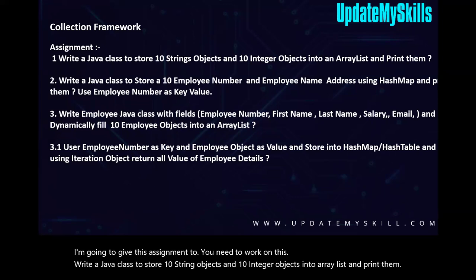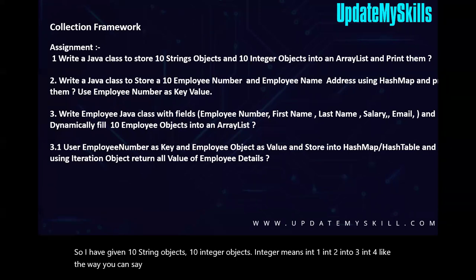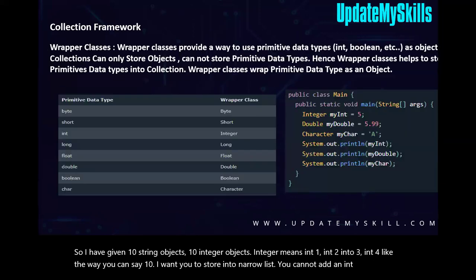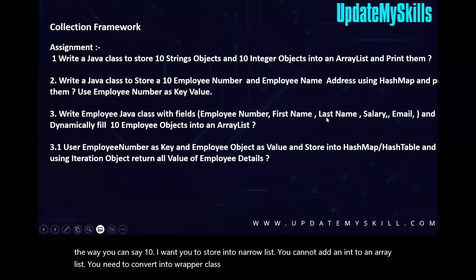Integer means int 1, int 2, int 3, and so on up to 10. I want you to store them into an ArrayList. You cannot add an int to an ArrayList. You need to convert it into a wrapper class this way, and only then can you store it. So develop this code.